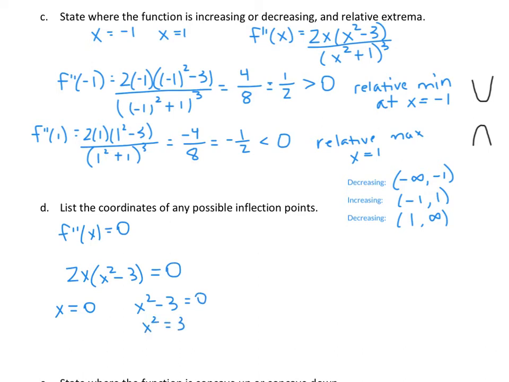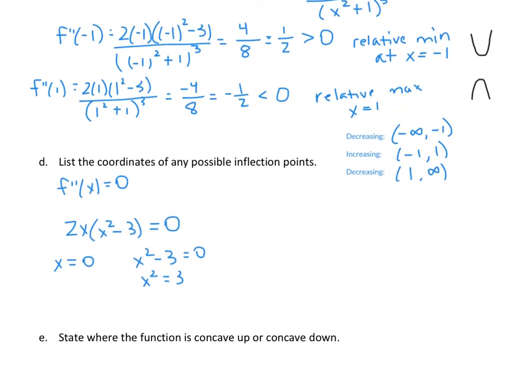Now let's take the square root of both sides, and we have x equal to positive or negative square root of 3. So we have 3 possible points of inflection, which occur at x equal negative square root of 3, x equal 0, and x equal positive square root of 3.